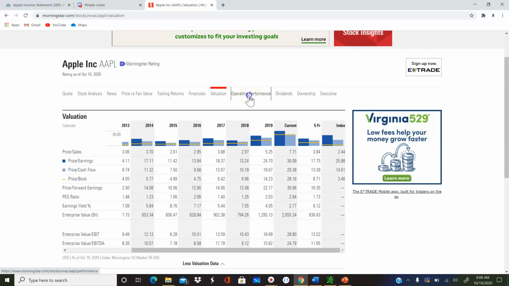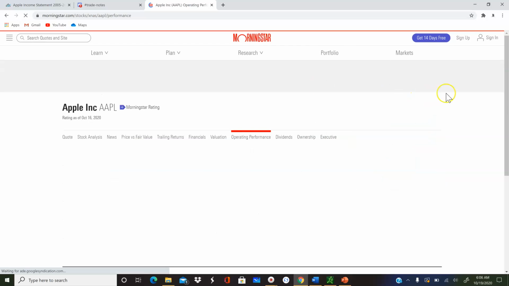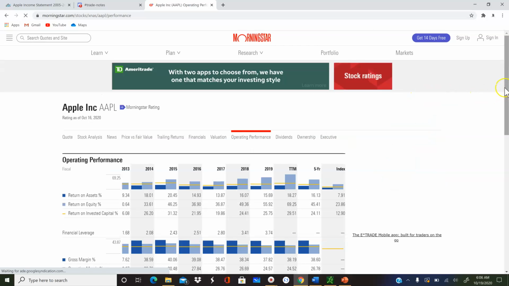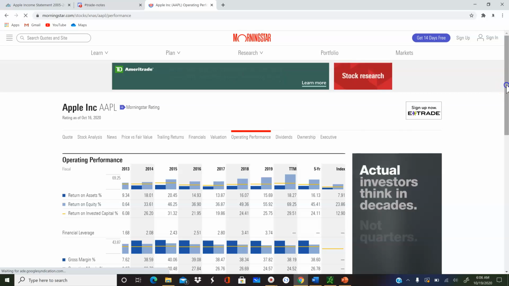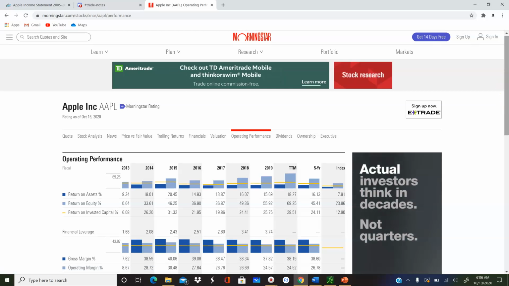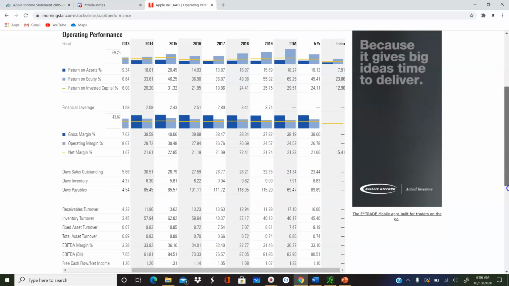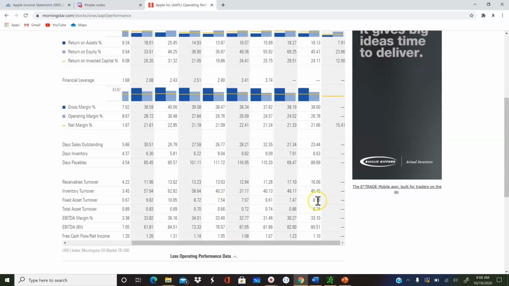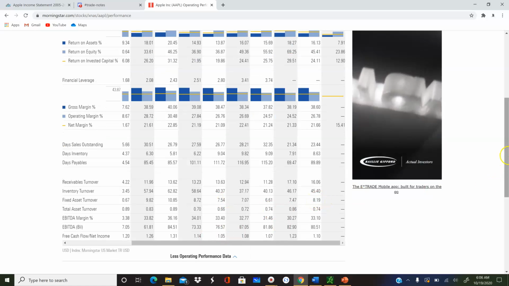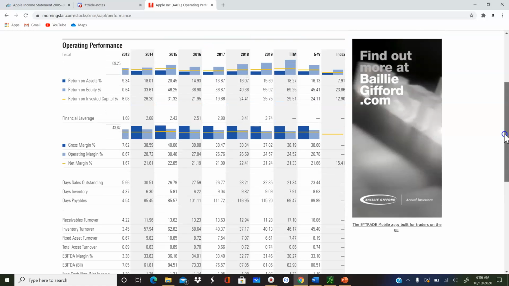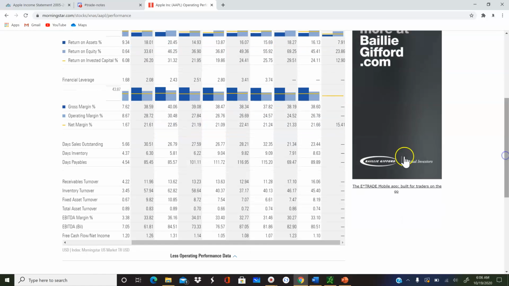Operating performance. Okay, so fixed asset turnover ratio, for 2019, 6.61.